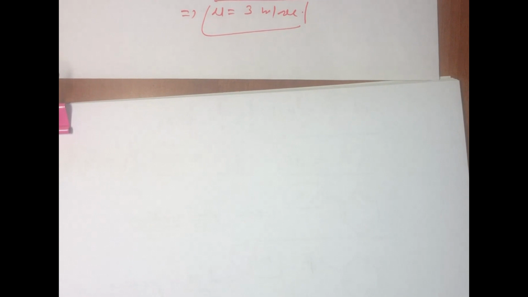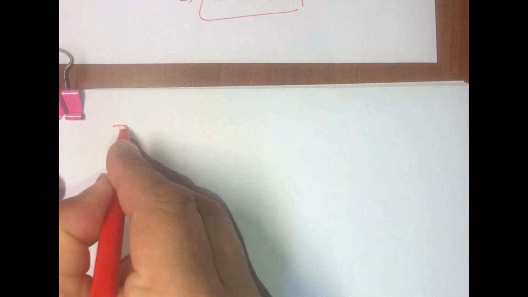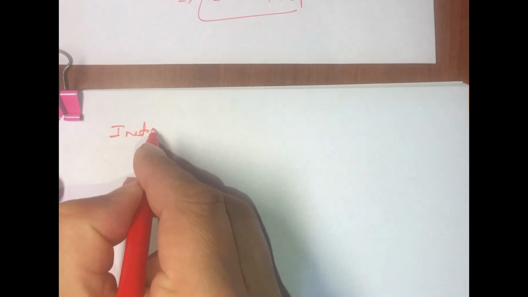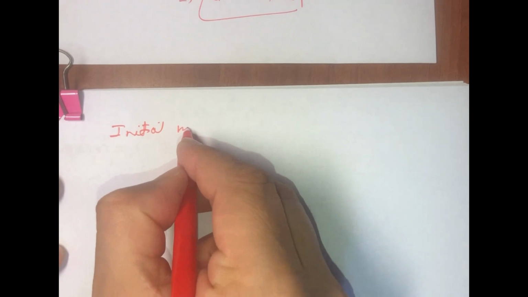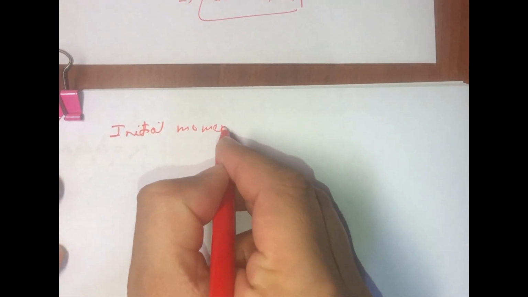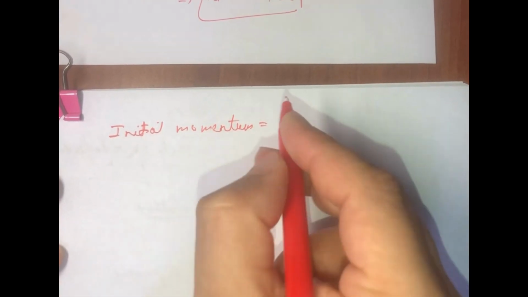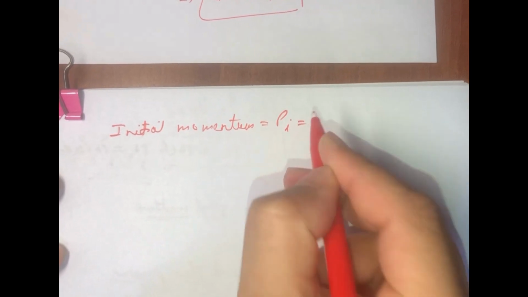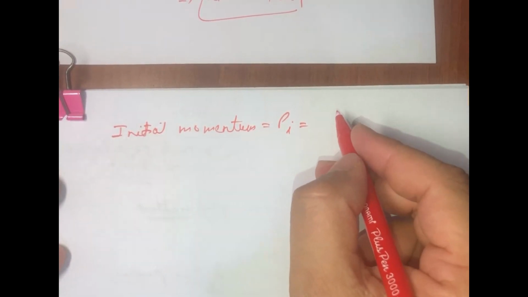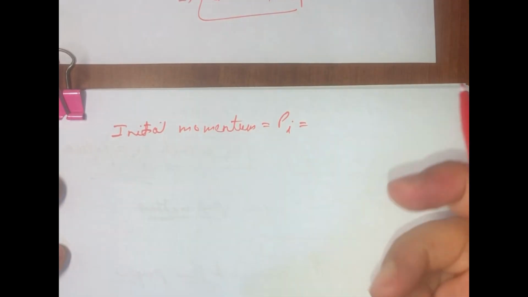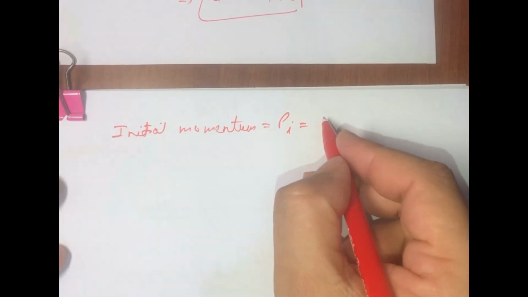Therefore, we can find out the respective momentum. The initial momentum, let us call this Pi, will be only because of the 1 kg mass, as it is the only one moving.